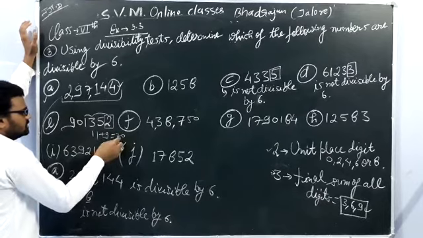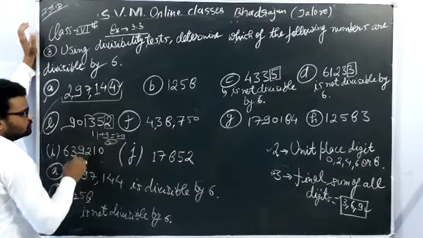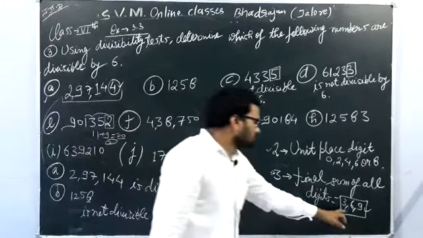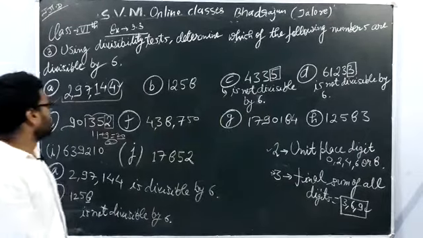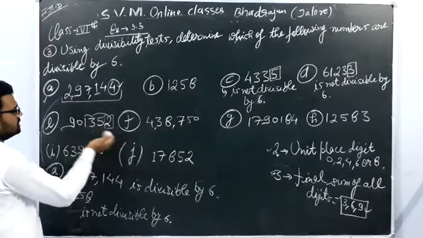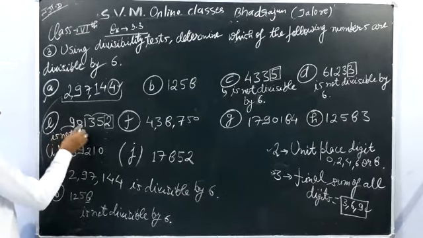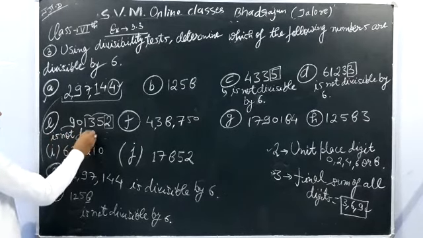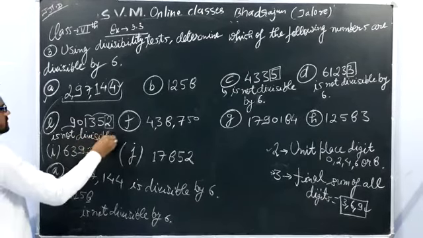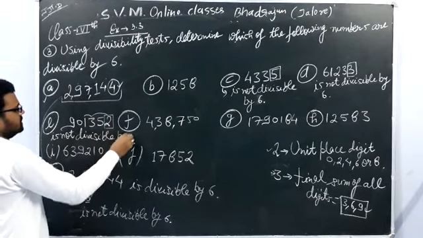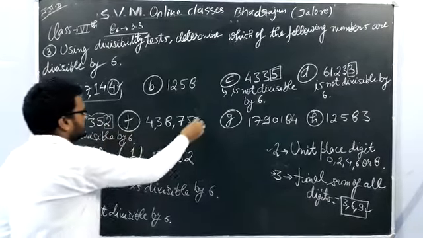The final sum is 2, not 3, 6 or 9, hence the number is not divisible by 3. So the number is not divisible by 6.